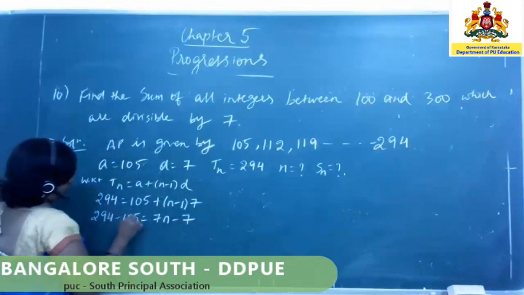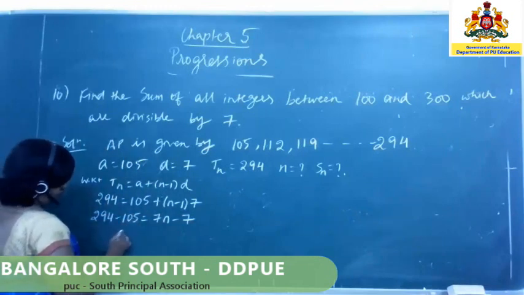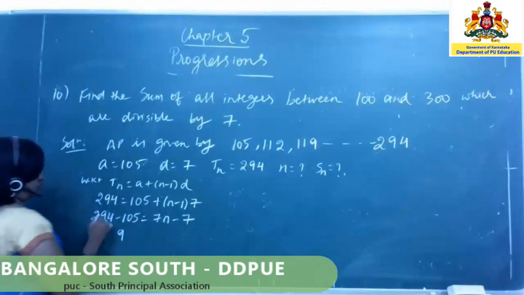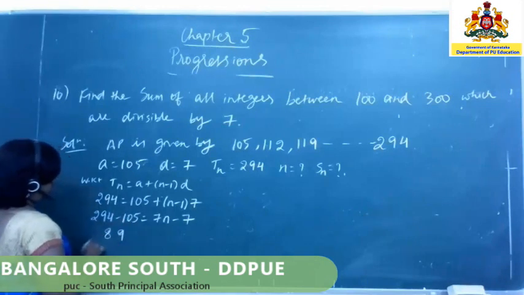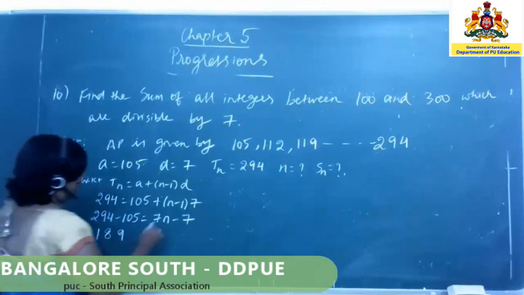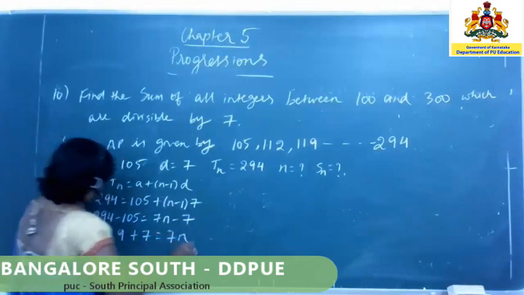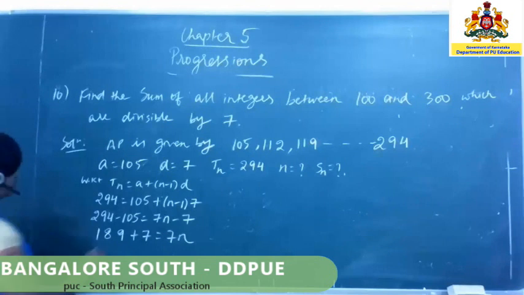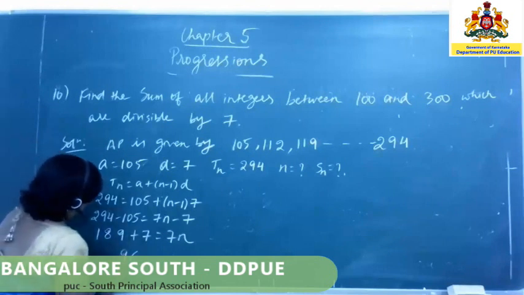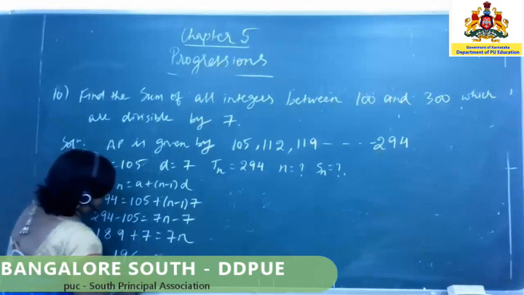So 294 minus 105 is 189. 189 plus 7 is equal to 7n. So 196 is equal to 7n.